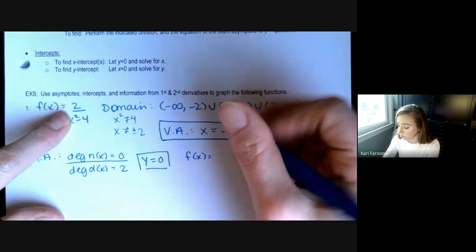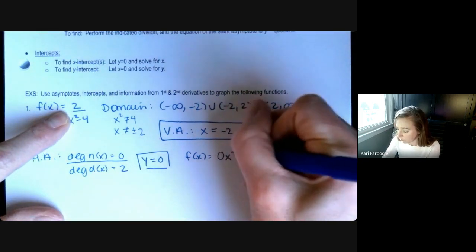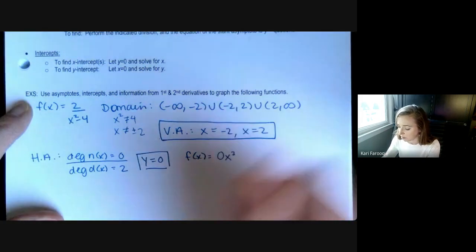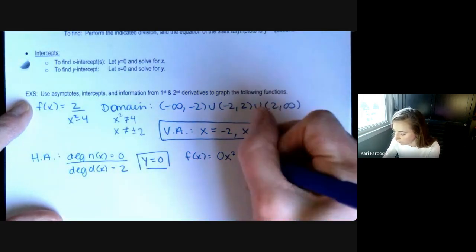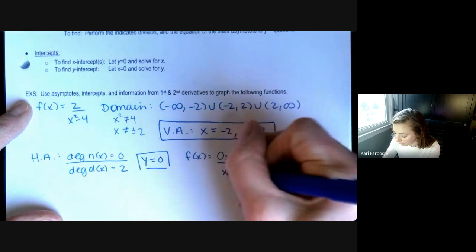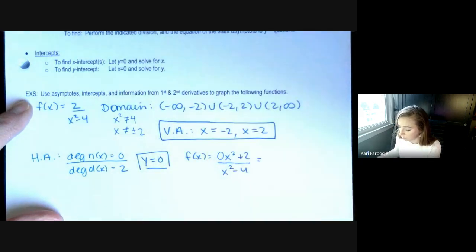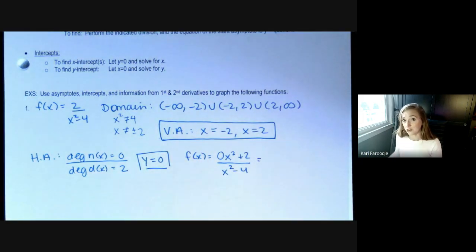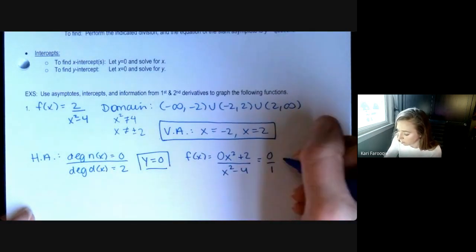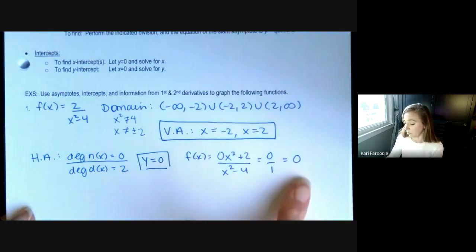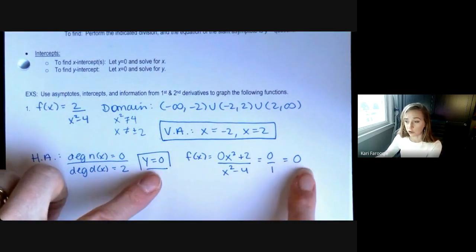So you just have 2 in the numerator. If I want these to have the same degree, I need an x squared in the numerator, so make it 0x squared. And then when you take the ratio of the lead coefficients, you end up getting 0 over 1, which is still 0. So you get to the same conclusion.